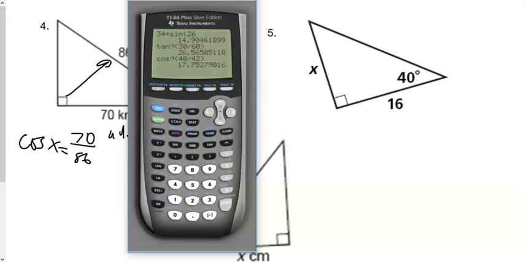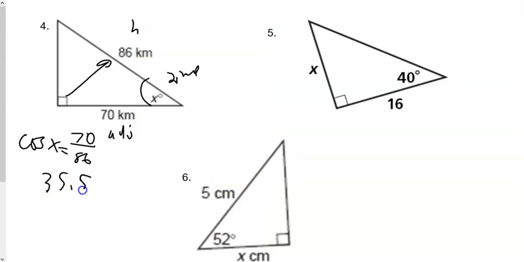We type in our calculator, second cosine, 70 divided by 86. 35.5. Again, I will take 35.5 degrees since it's right in the middle, or you can round up to 36 degrees. Just don't round down to 35.